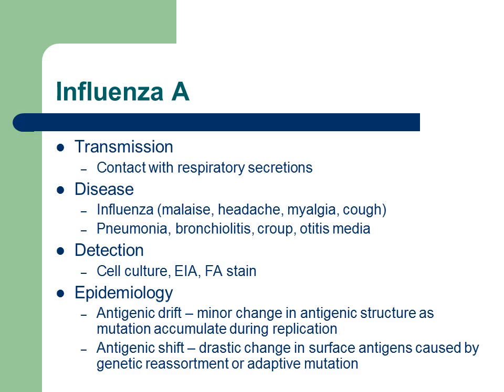So, influenza A is transmitted through respiratory secretions and causes the disease influenza or the flu, where you'll commonly get a headache and feel very tired and muscle aches and have respiratory symptoms, coughing, and it could also cause pneumonia, bronchitis, croup, which is that coughing, and ear infections. Influenza A can be detected through ELISA-based testing, fluorescent antibody staining, and cell culture.